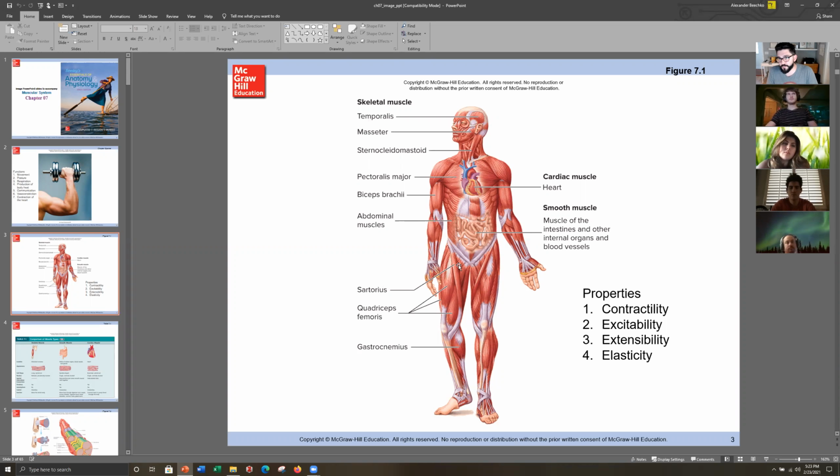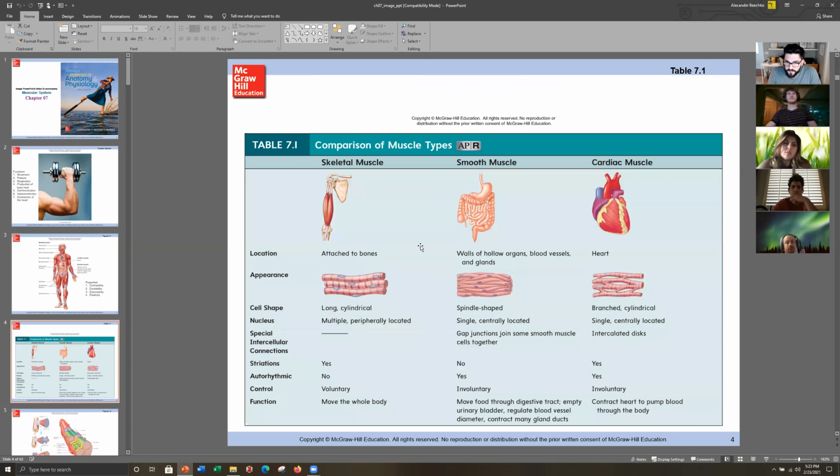And in general, muscle is pretty good about doing that with the help of things like tendons and ligaments that can assist in that process. But yeah, so those are some of the general properties of muscle. The only function of muscle is to contract, but depending on where it's attached, we can have various kinds of actions that muscles will perform. So here we've got a nice little table.